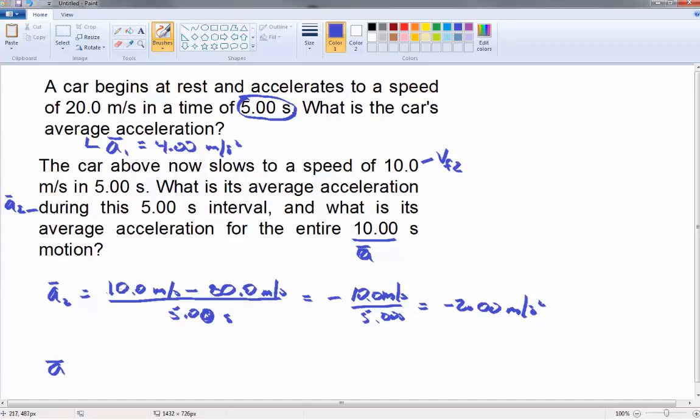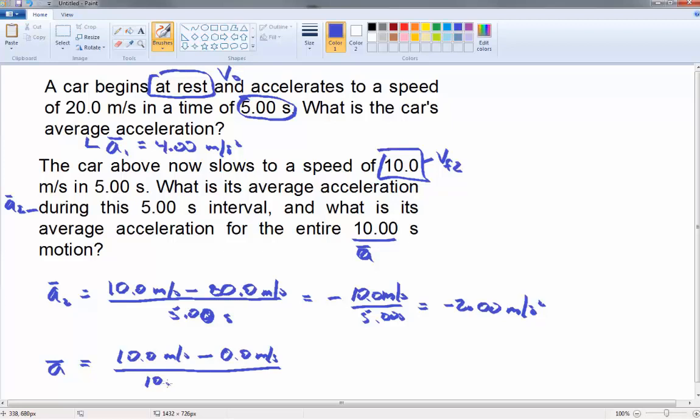To get the average for the entire interval, you take the initial speed for the entire interval. So this is V naught. And you end with the final speed for the entire interval. And you subtract the two from each other. So you have 10.0 meters per second minus the initial 0.0 meters per second. And then you divide by the amount of time. In this case, you're going to end up with the same answer.